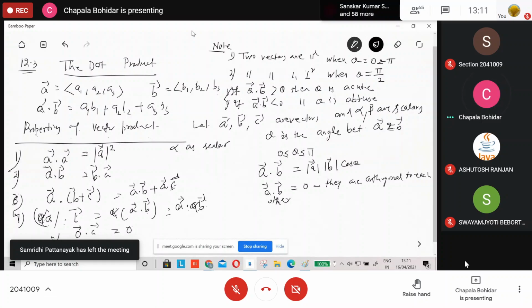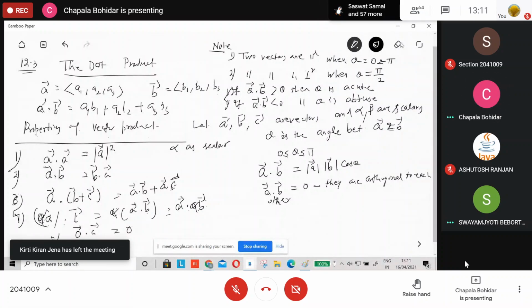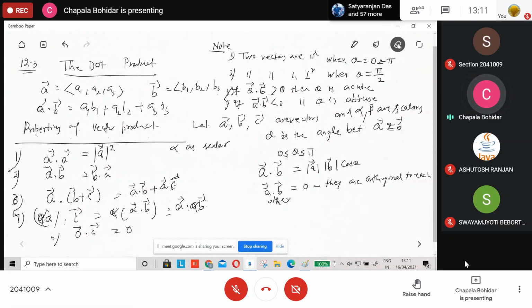Clear? Then direction angle and direction cosine. I think all of you know this also. Direction angle and direction cosine.